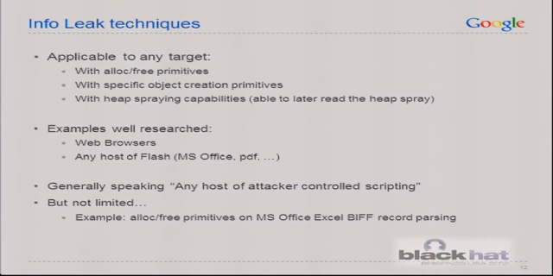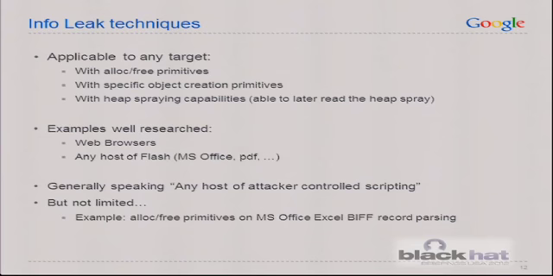These primitives are, for example, that you exercise some type of code. Imagine in JavaScript, you create an element, an image tag. By creating that element, it's going to translate into some allocations in the heap, some frees, etc. So as long as you find a way to translate an action in the process into your primitives, you can apply all these techniques to this type of process.